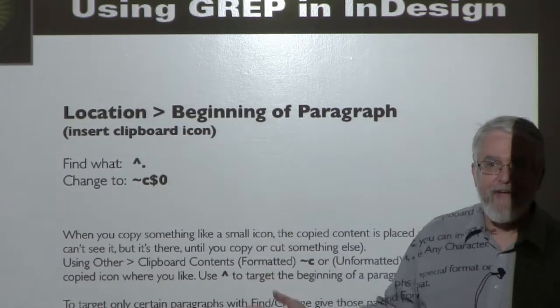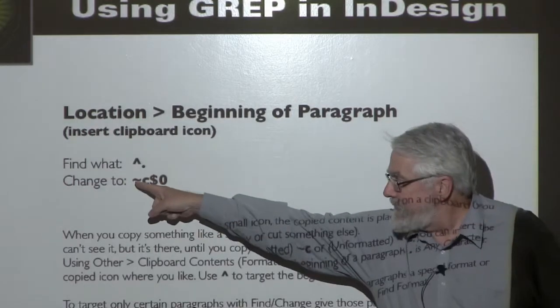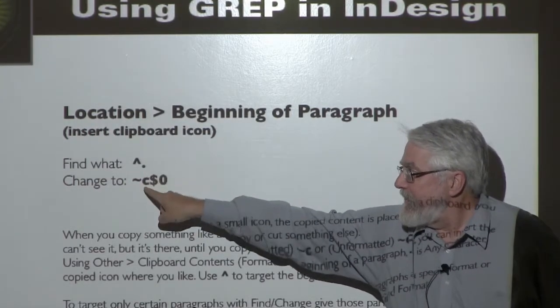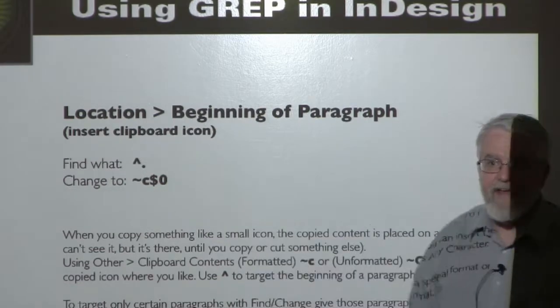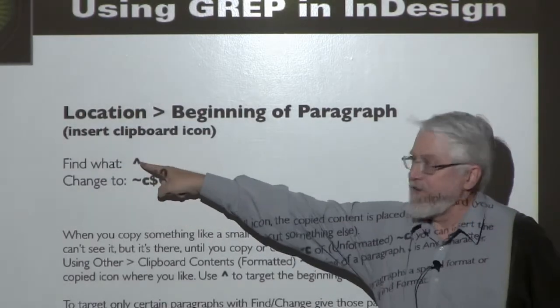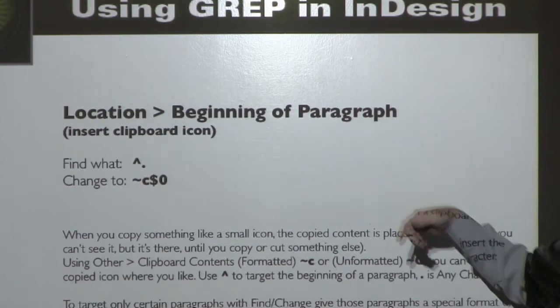The period following it is any character. This is changed to this: tilde C is what's on the clipboard, and this $0 is what you found at the beginning of the paragraph before that first character.